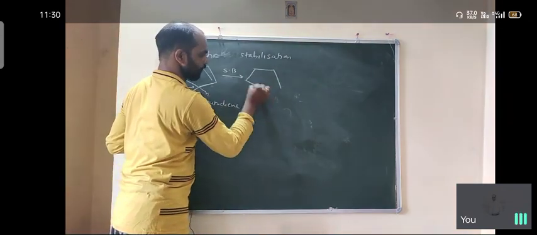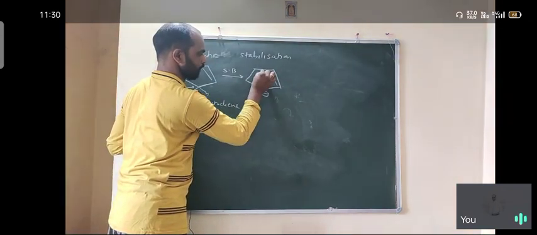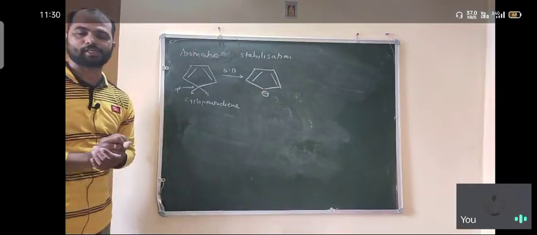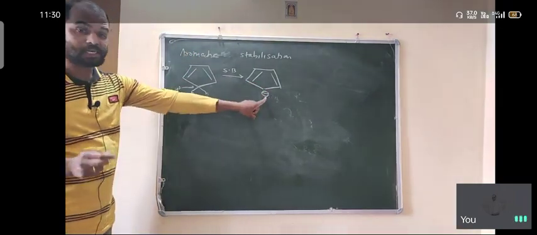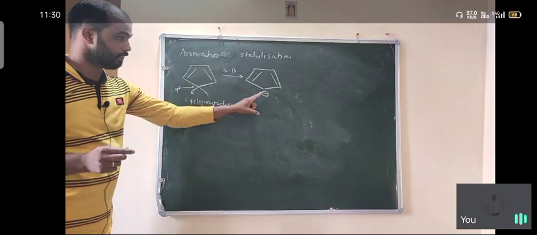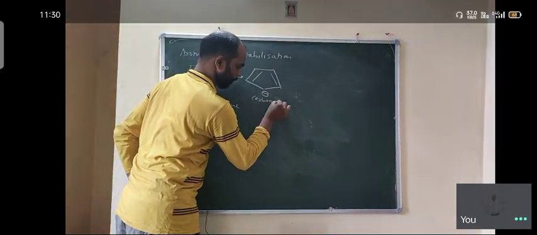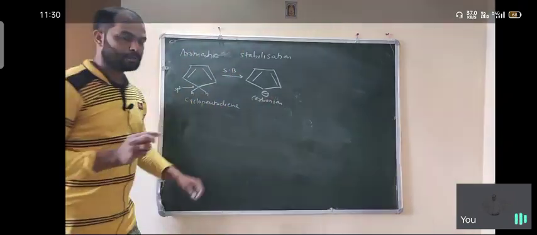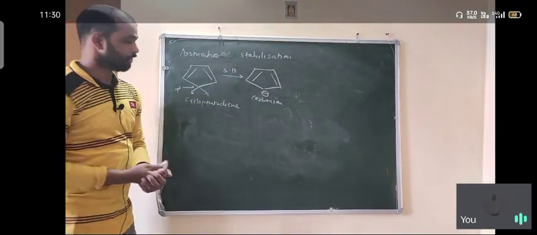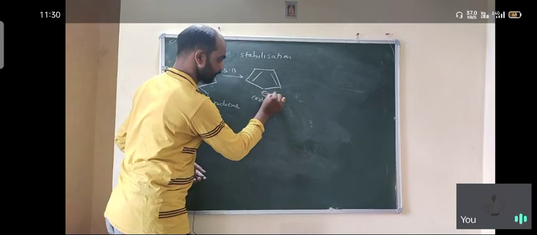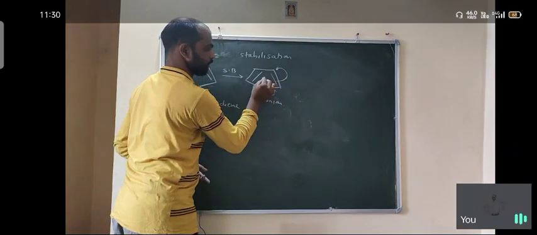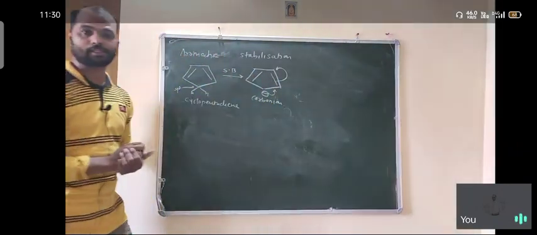After this abstraction, we get a negative charge. Is the charge stabilized? Here is the formation of a carbanion. A carbanion should be stabilized, and yes, here this negative charge is delocalized.